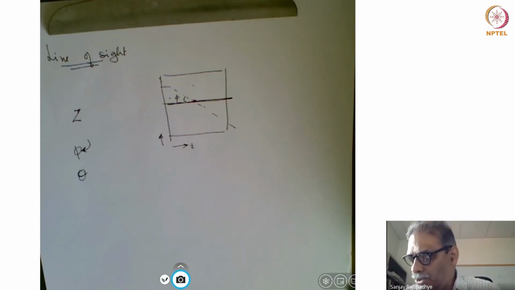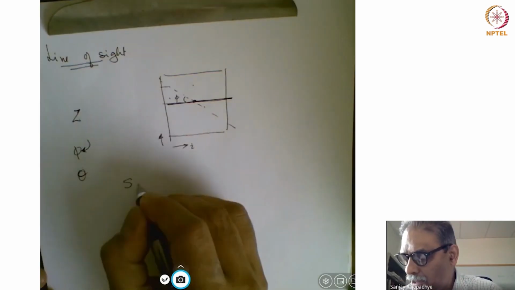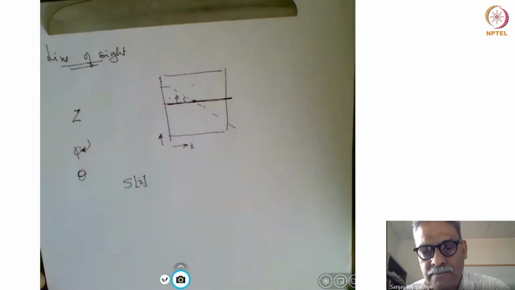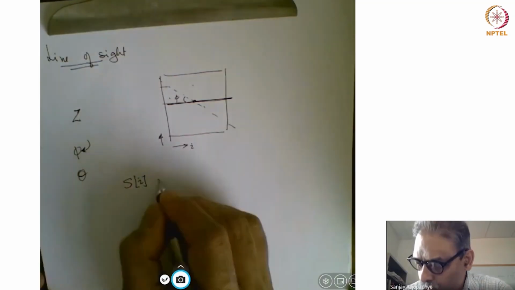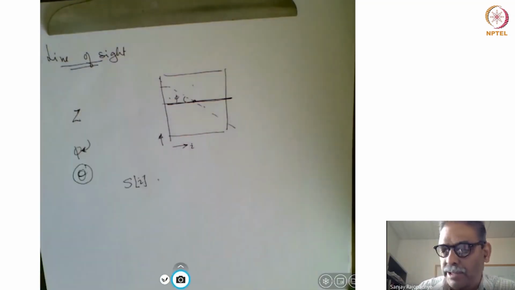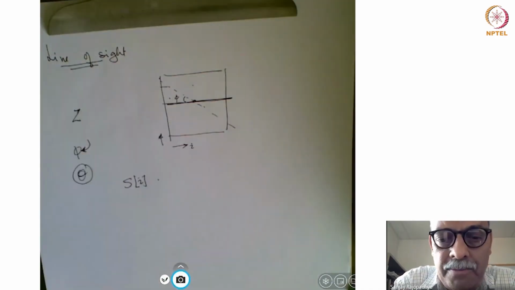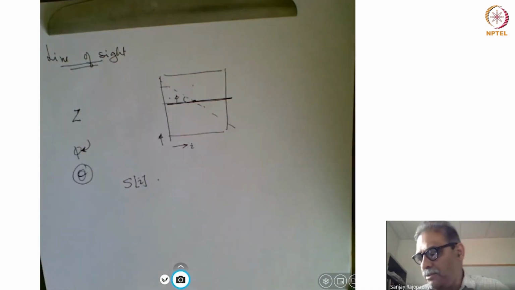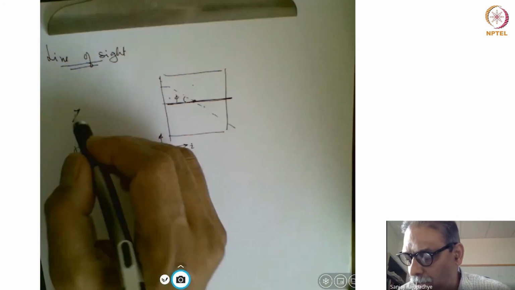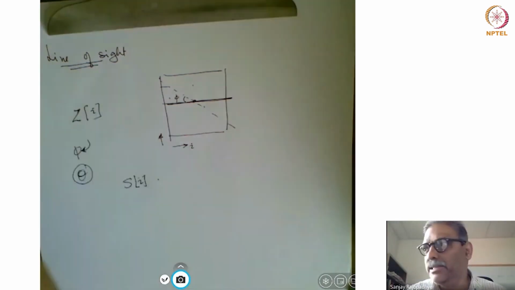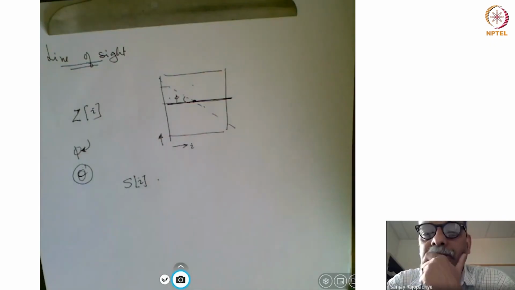So I'm going to say that point I is in shadow if what? And I know theta now. I know theta, and I'm assuming phi is equal to 0. So given this information, and remember I have now z of I, right? That is the altitude of this point.